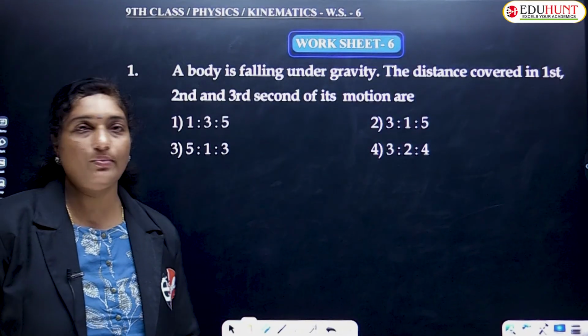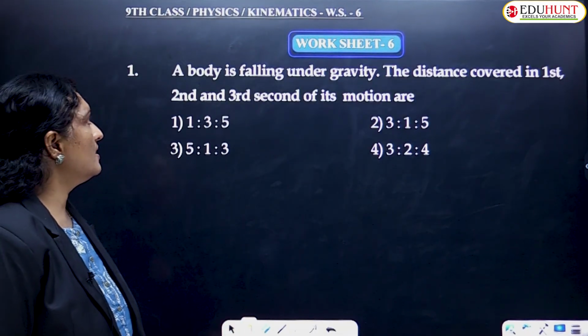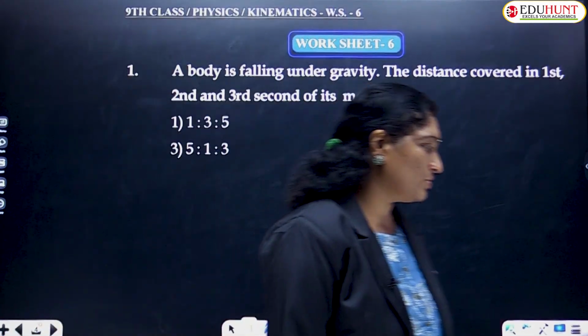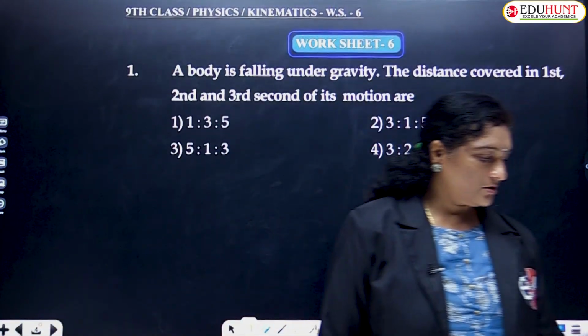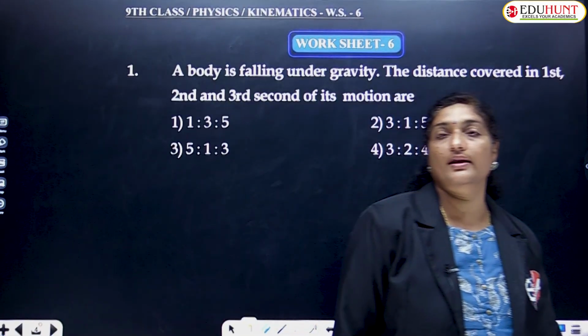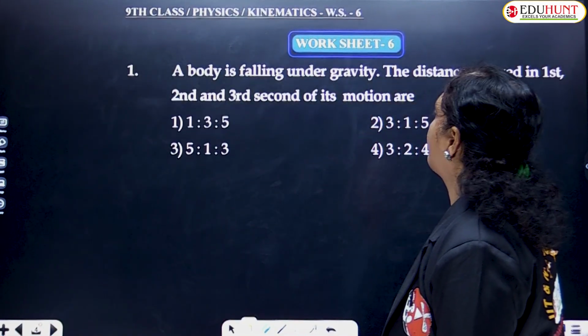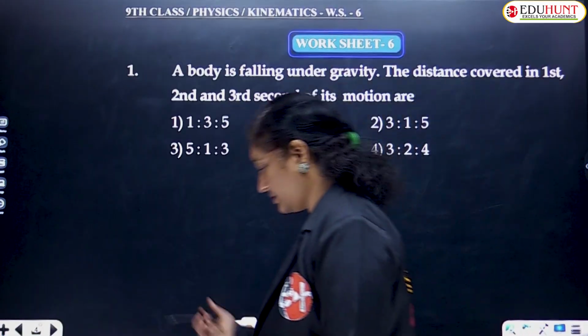Let us consider the time taken for the second body. They have given you the time traveled by the second body, it took 2 seconds. That means the first body would have started 1 second earlier, so the first body would have traveled for 3 seconds.